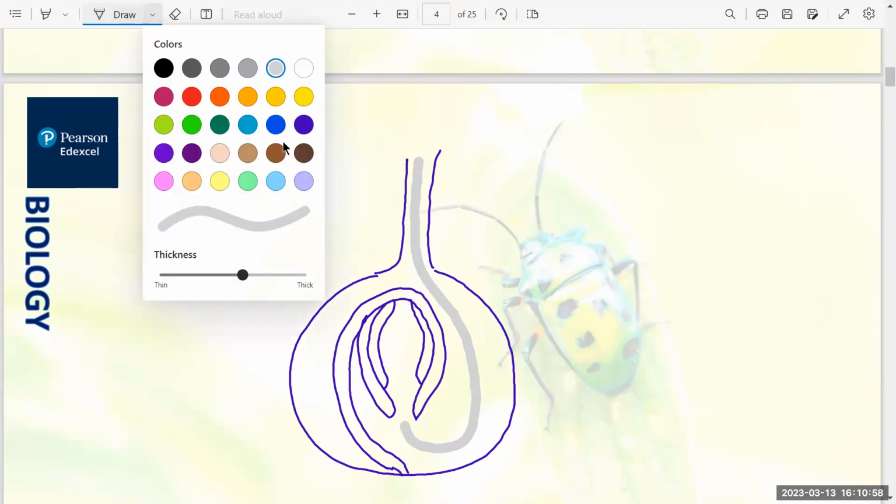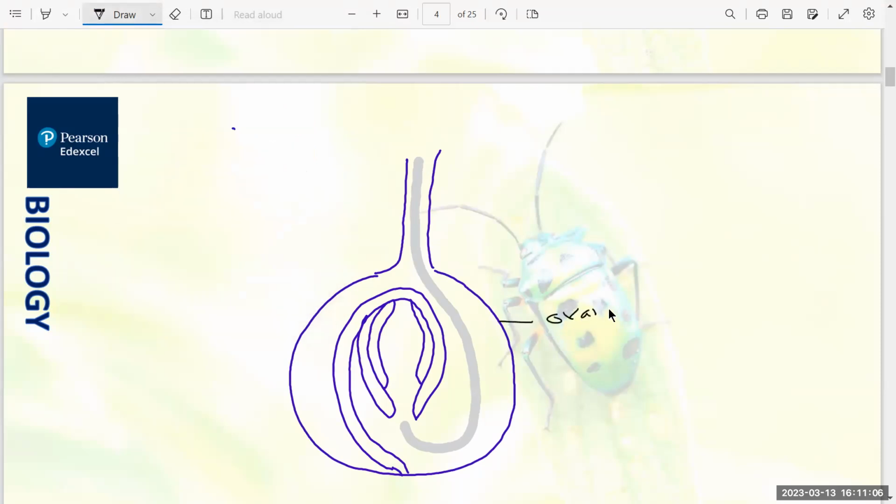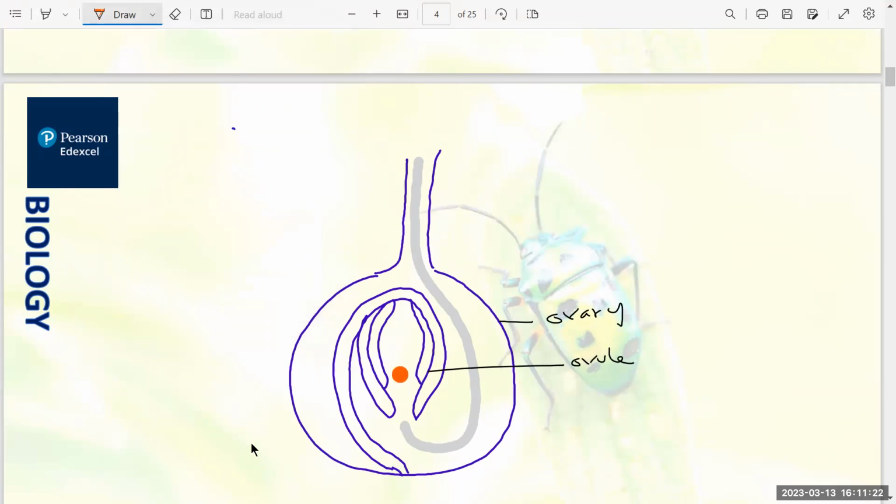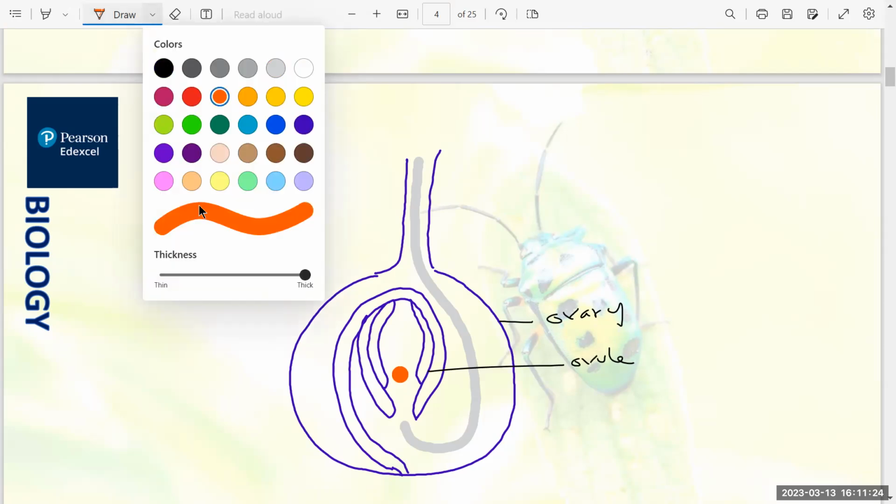So this represents the female side still, and this is the ovary, and this is the ovule. And inside the ovule, we can find the ovum, right? So this is the ovum. There are other different cells also there.